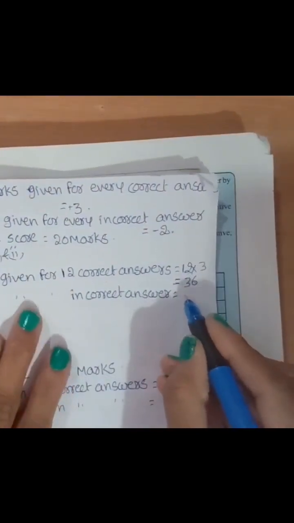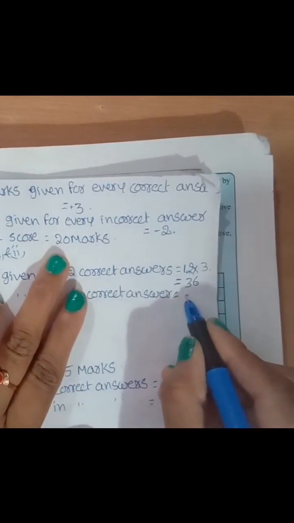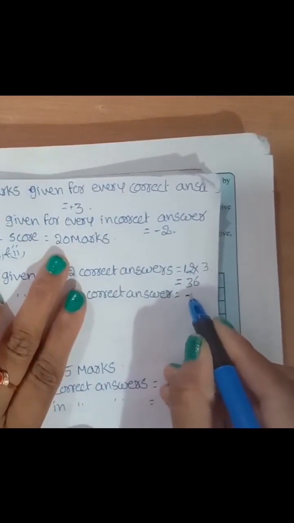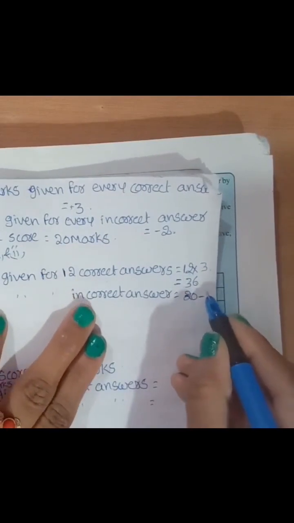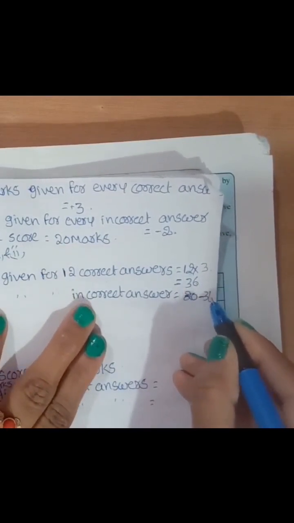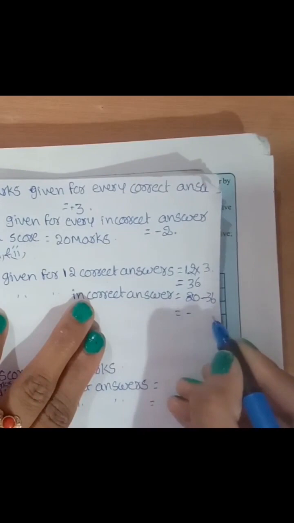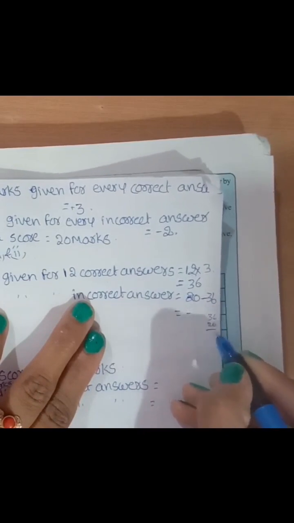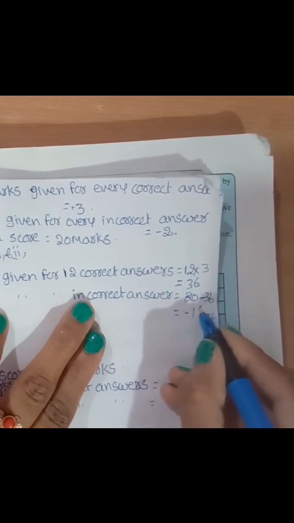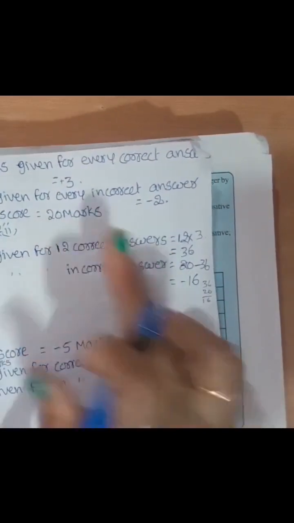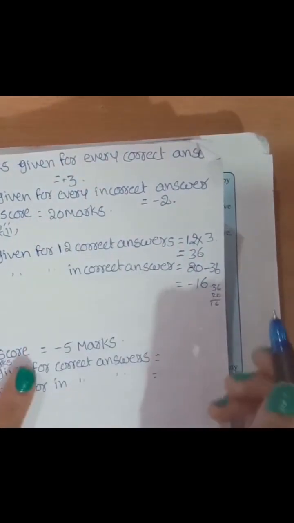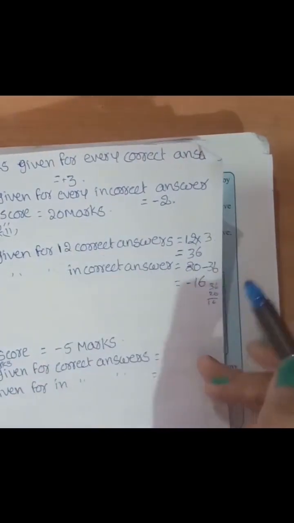Incorrect answers means the score minus the correct answers' score: 20 minus 36 is minus 16 only. Okay? Are you okay? Total is 20 marks, this one only.